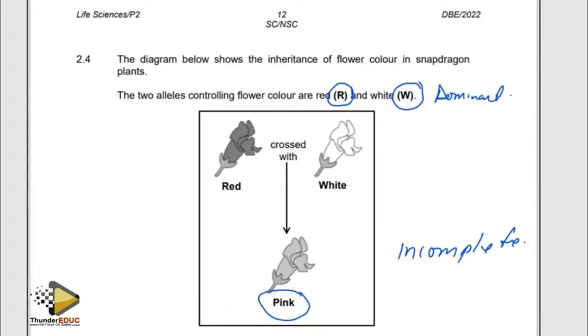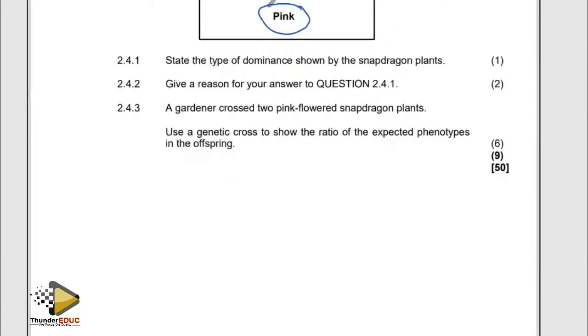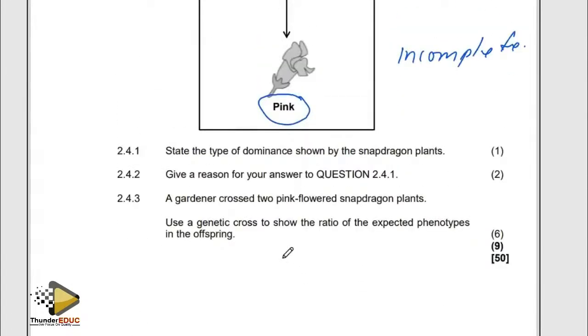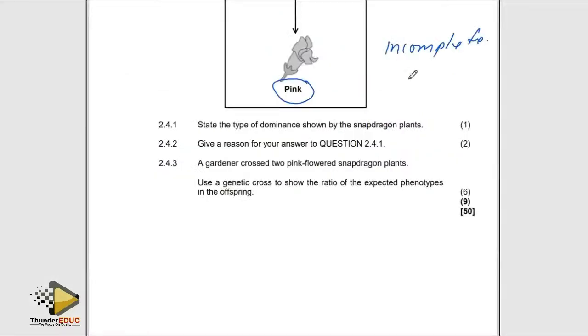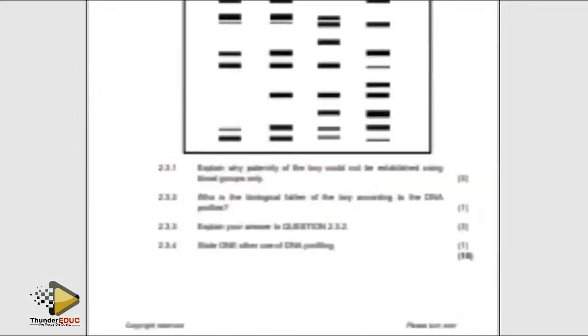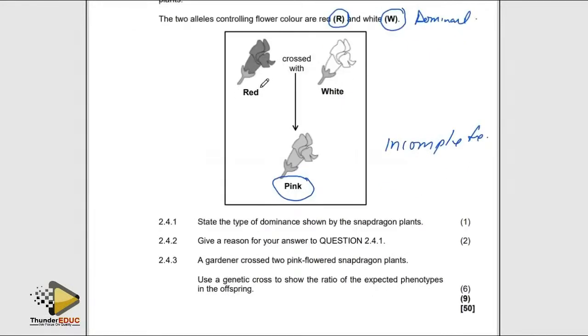So let's go to the questions and we see. They are saying, state the type of dominance shown by the snapdragon plants. So we have seen that it is incomplete dominance. If it was complete, then we would have got either red or white in the offspring, or both.